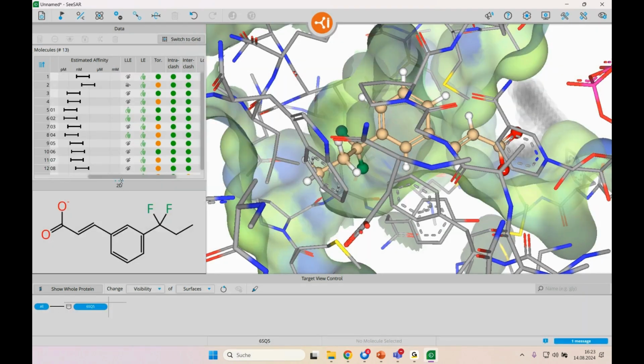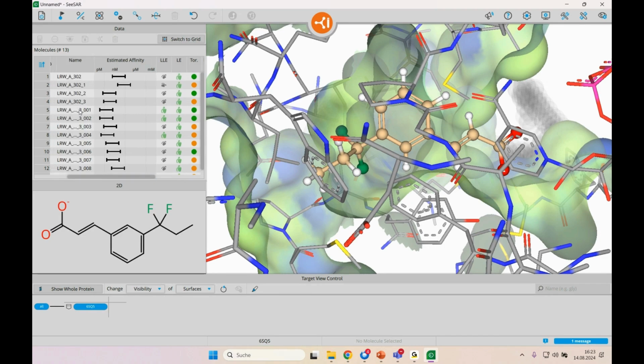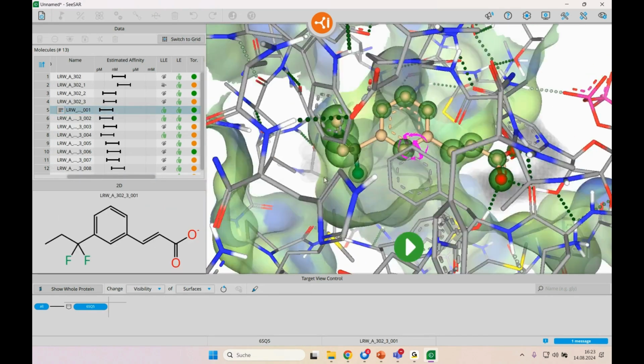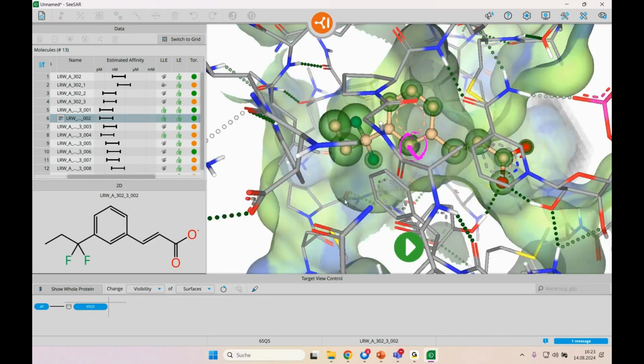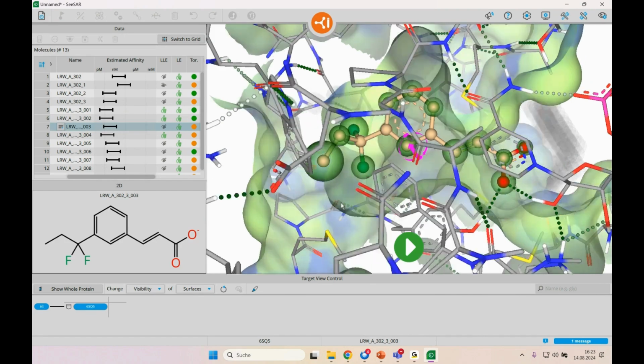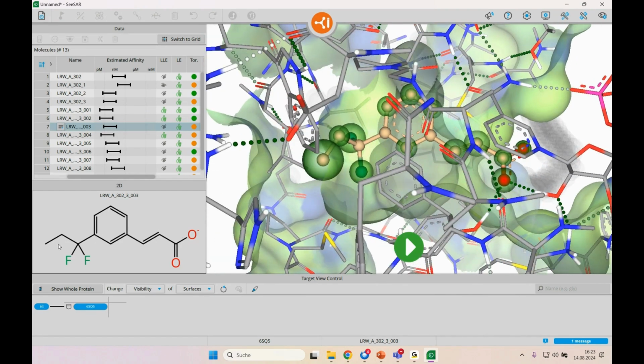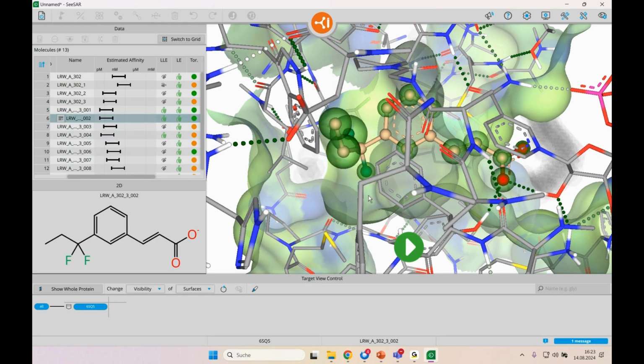So you now receive a total of 10 poses. And unsurprisingly, the decoration with the ethyl group now works pretty nicely. We even reach very nice LLE values here.